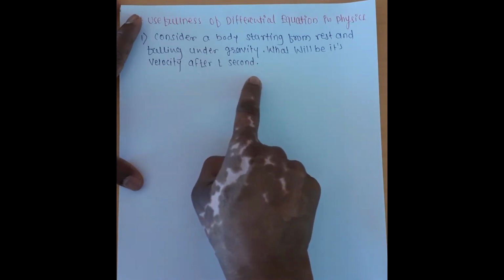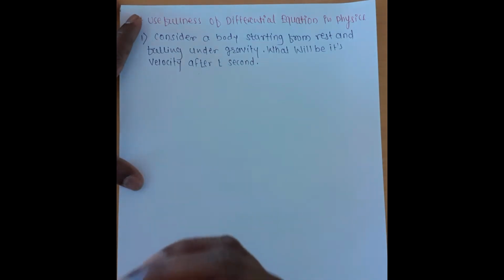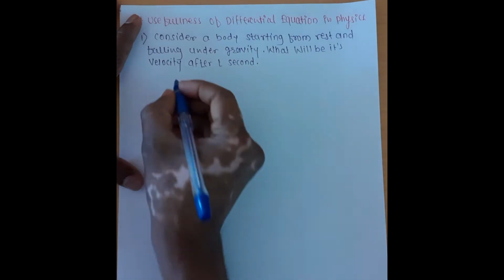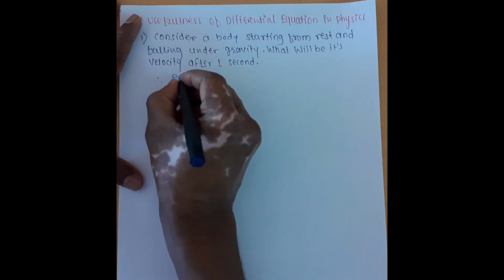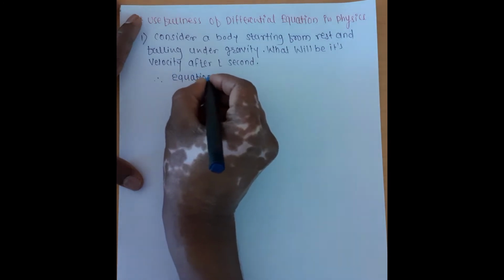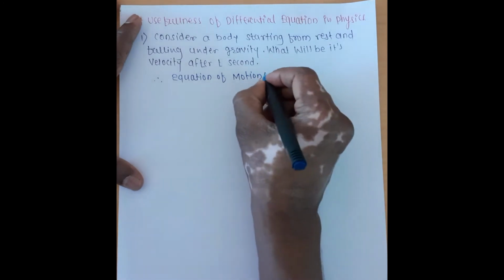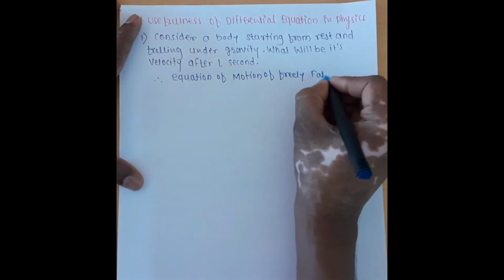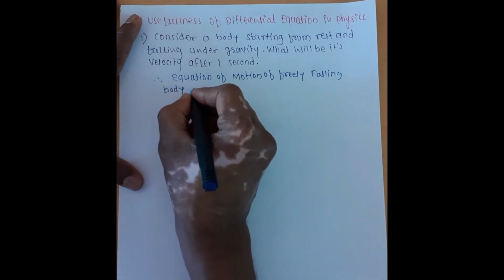Okay, so here we find the velocity of the body falling down on the earth. So let us derive the equation of motion of a freely falling body.